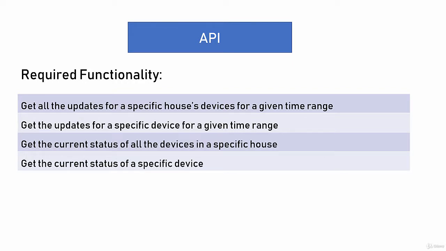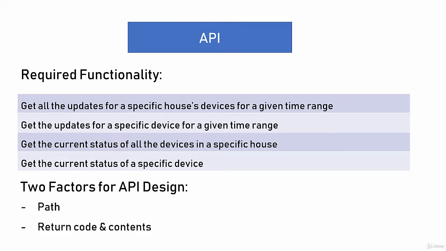Now, how would we translate this functionality to REST API actions? Since this is not a full-blown API design course, I won't go through all the factors and considerations of designing the API, but suffice to say that what really matters are usually two main factors: the API path and the return code and contents. Don't worry if you don't know exactly what it means, we will build it together.